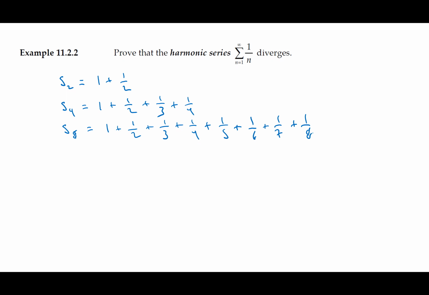And what I want you to notice is that for S4, this is going to be greater than 1 plus 1/2, and then watch what I do. Right? I've increased the single denominator. And so I've created a smaller quotient here, and therefore a larger sum over here, okay?